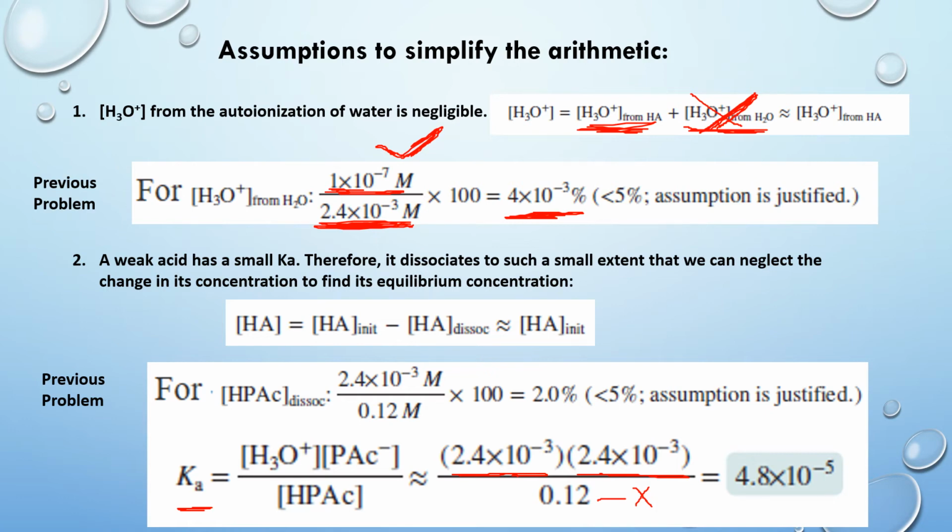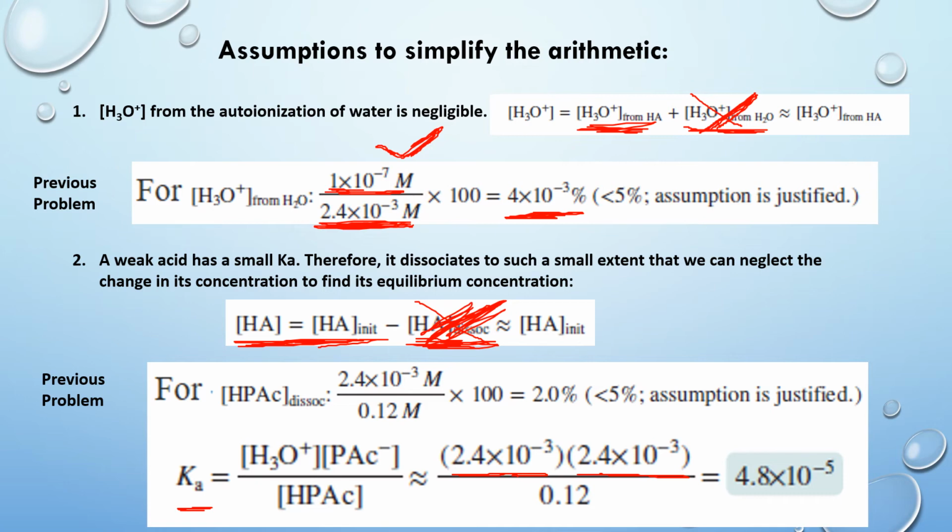So the amount of acid that has undergone dissociation is almost negligible, and we can ignore this concentration here. We say the equilibrium concentration is almost equal to the initial concentration because the amount dissociated is so small. So instead of using 0.12 minus x, we will use the initial concentration directly.